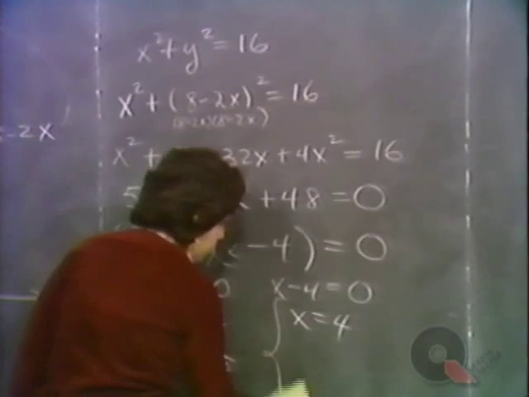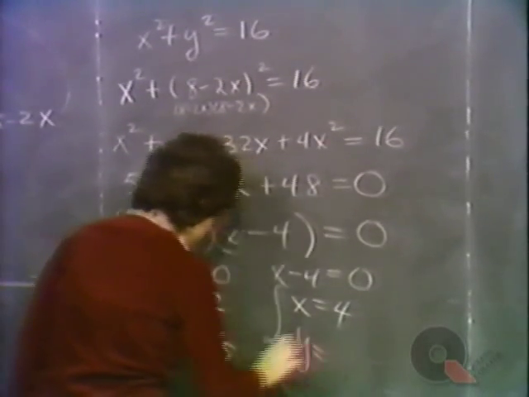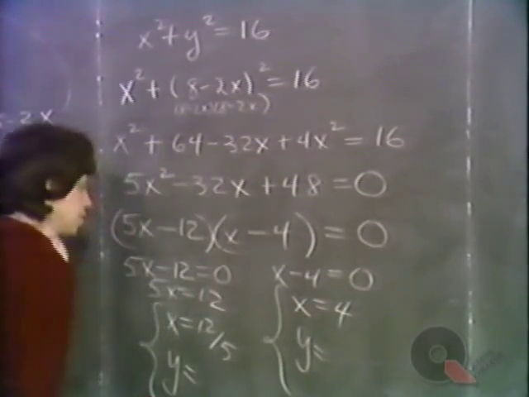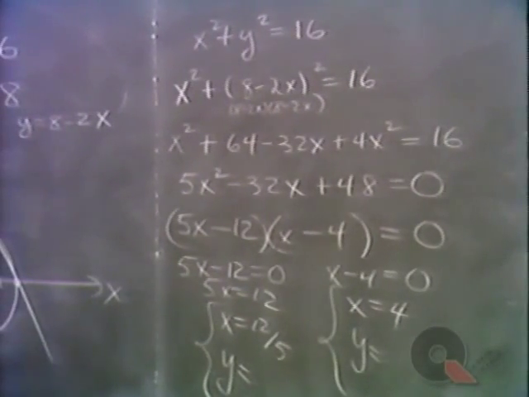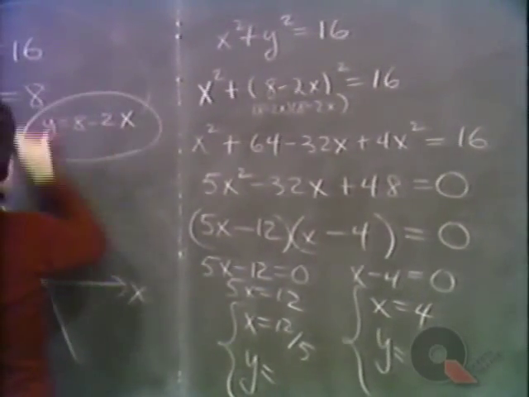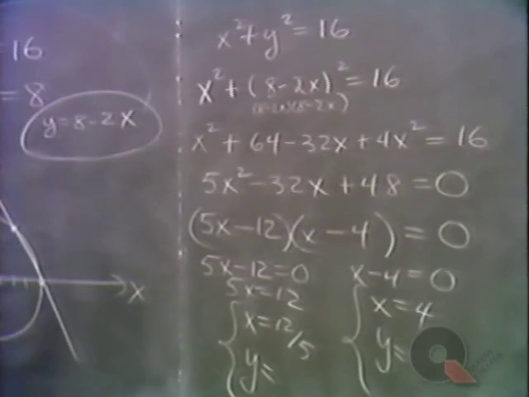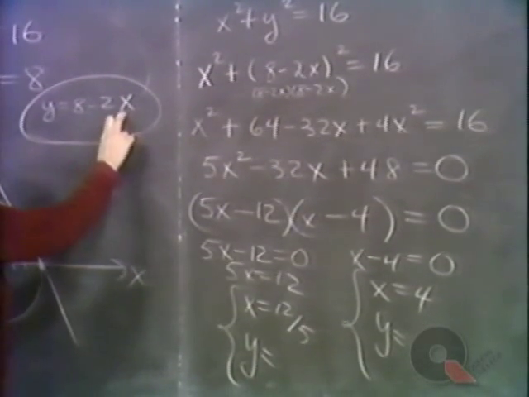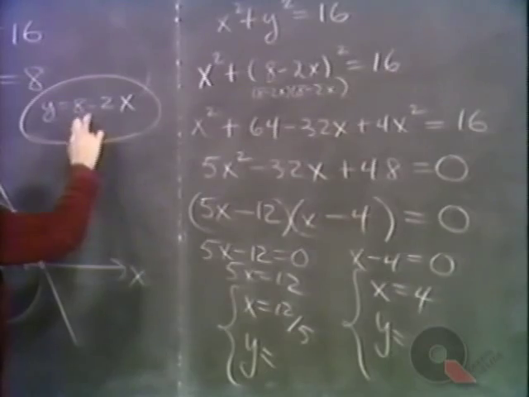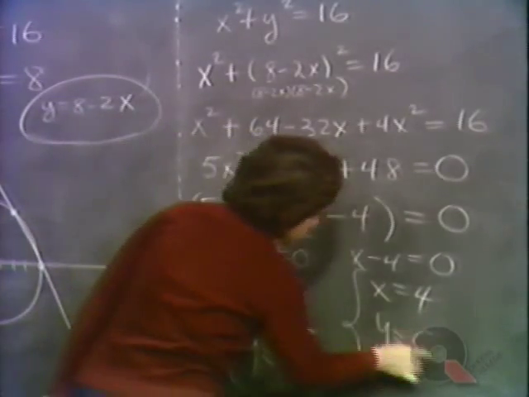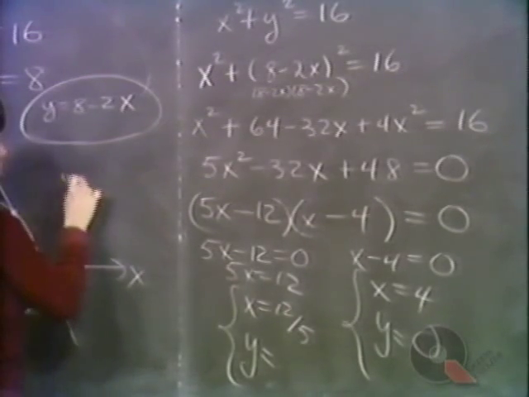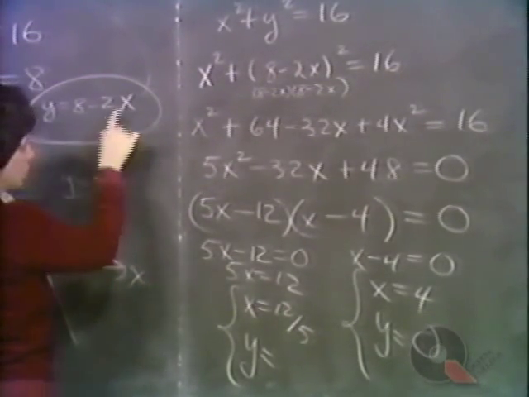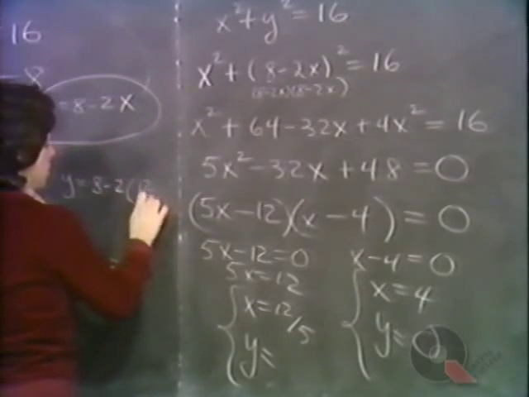And we need to figure out what the y values are. Okay, I find it easiest to substitute into the line y equals 8 minus 2x here. If x equals 4, of course, y equals 8 minus 8, y equals 0. That's very simple. If x equals 12/5, I get y equals 8 minus 2 times 12/5.